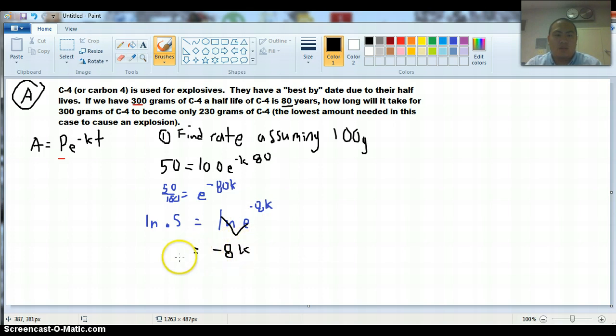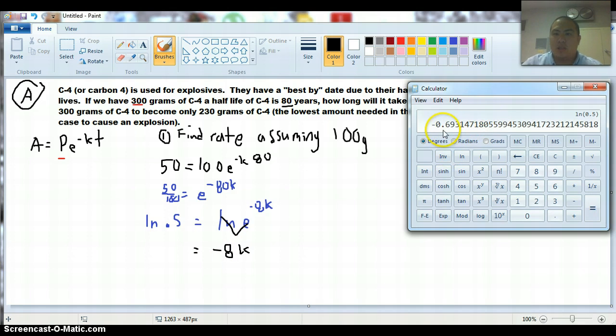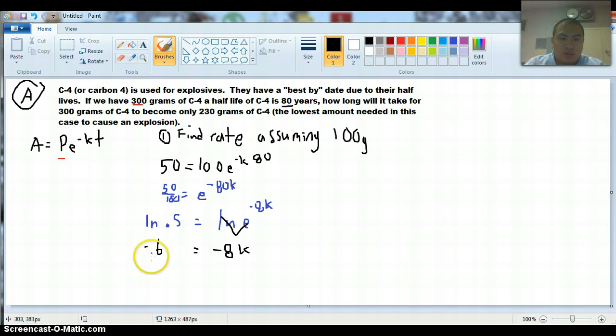and that's equal to, well, let me pull up this calculator. Over here I have ln of 0.5, and that gave me negative 0.693. So I'll put negative 0.693, and from there I want to divide by negative 80 on both sides. So I divide by negative 80, divide by negative 80, and that should give me a solution.